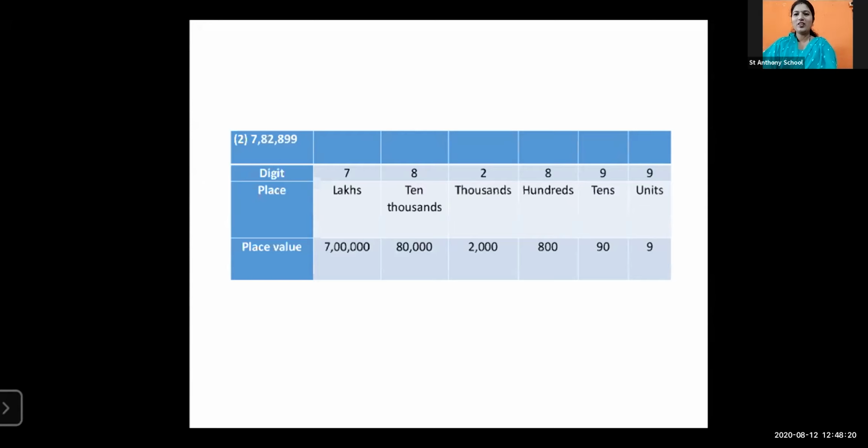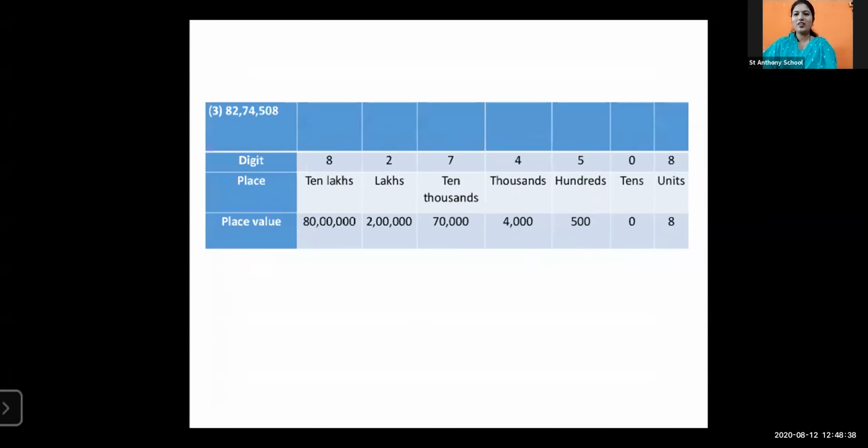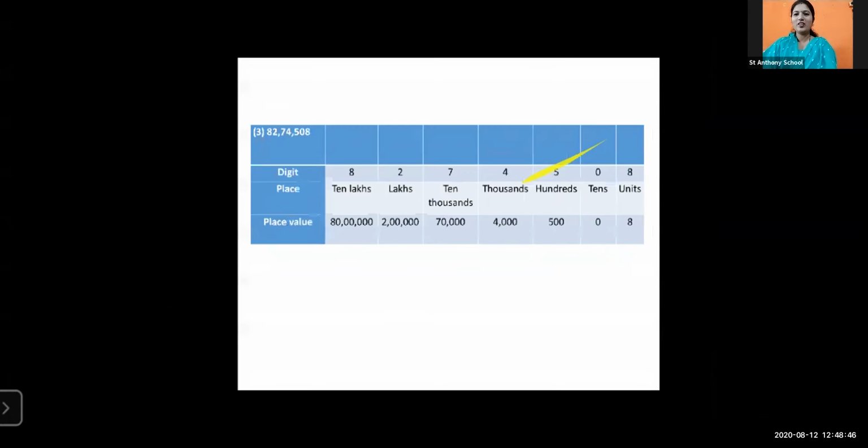Then 8 is on the 10,000 place, so its place value is 80,000. And 7 is on the lakh place, so its place value is 7 lakh. Okay, 7 lakh. Understood? Now, this third example you are doing now. I am giving it to you now only, and you are doing it. Okay.